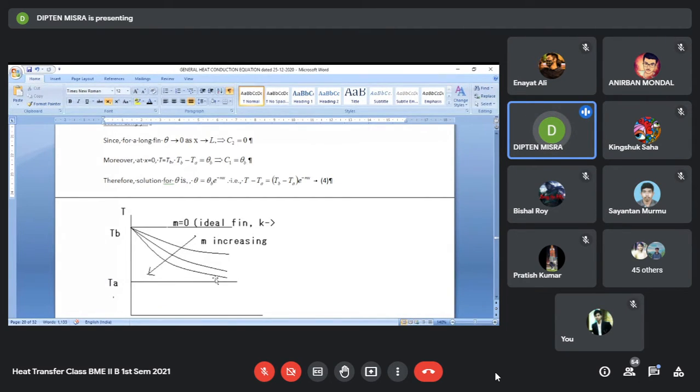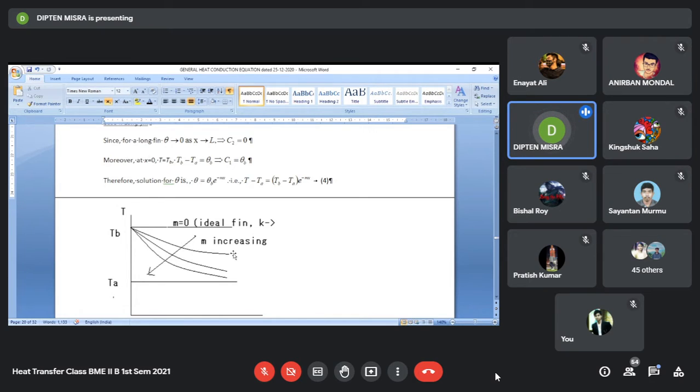The difference is narrowing down. So this part of the fin is not so effective. Maybe it would have been better if you could provide a smaller length of the fin. Whereas for this fin, even here the temperature difference is significant. So for this fin, we can have so much of length.